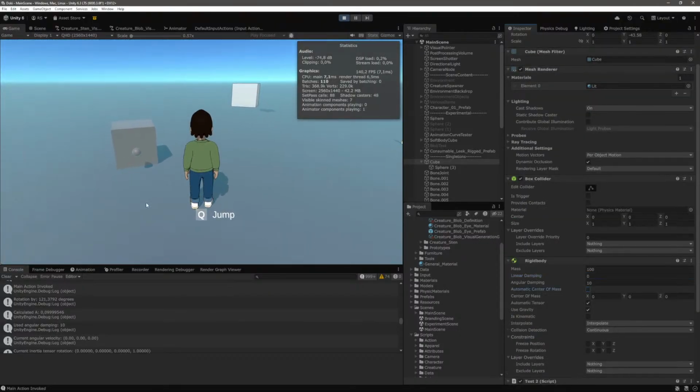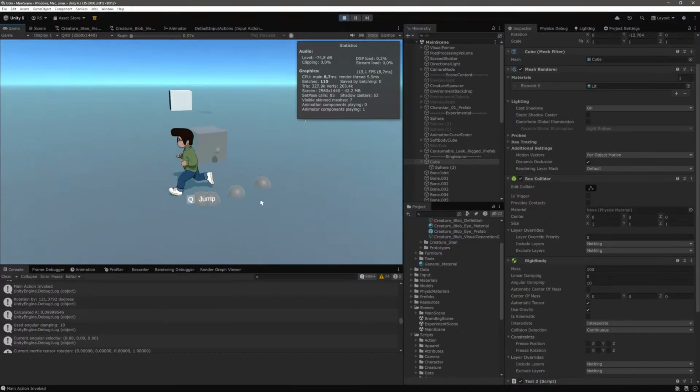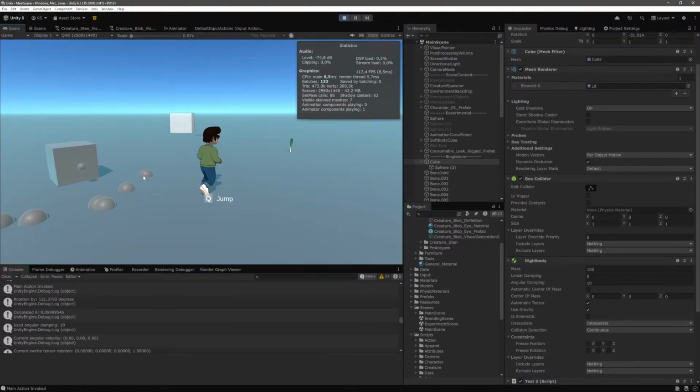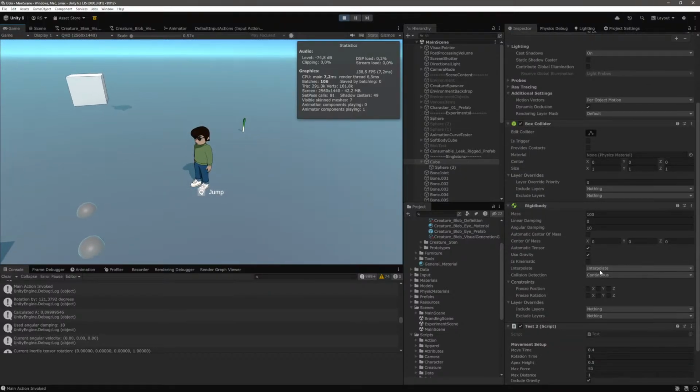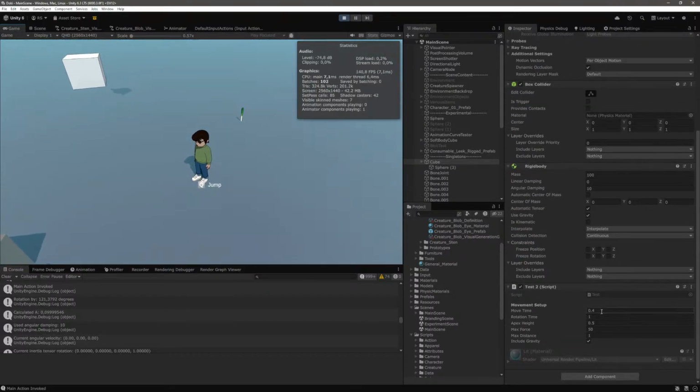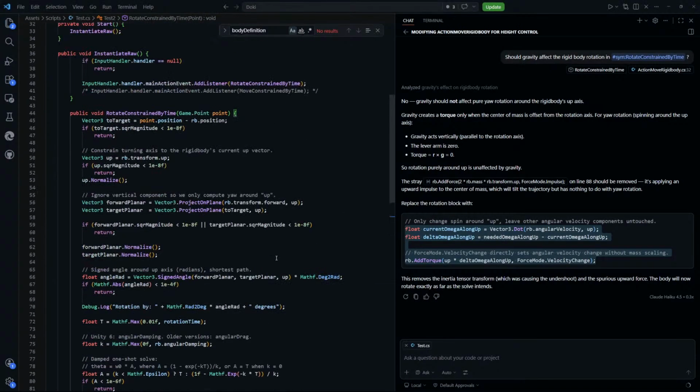Automatic center of mass, let's just go 0. Okay. Rotation time 1, let's see here.